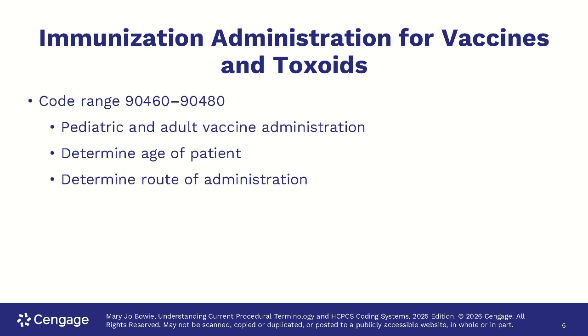Immediately after that, you have 4 more vaccine administration codes, which are 90471 through 90474. These codes are for patients 18 and over, or a kid when there's no counseling. So remember those first two, it's all about that counseling. These four codes are organized based on the route of the administration, so you'll want to pay close attention to that.